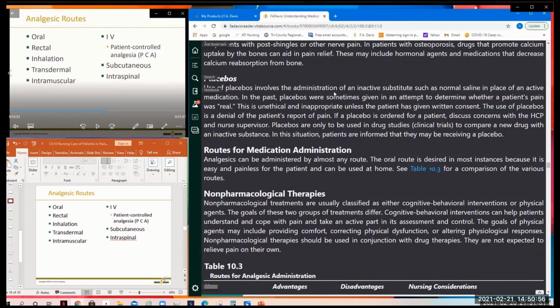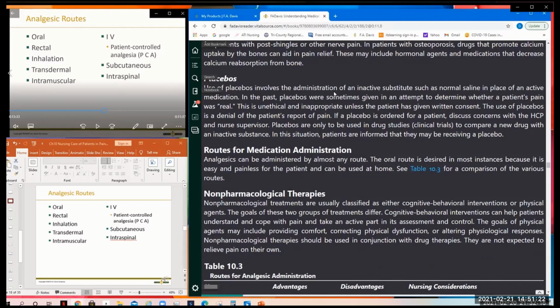This is unethical and inappropriate unless the patient has given written consent. The use of placebos is a denial of the patient's report of pain. If a placebo is ordered for a patient, discuss concerns with the HCP and nurse supervisor.